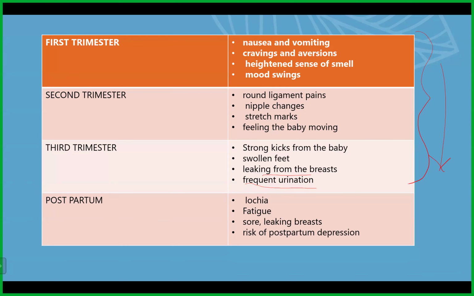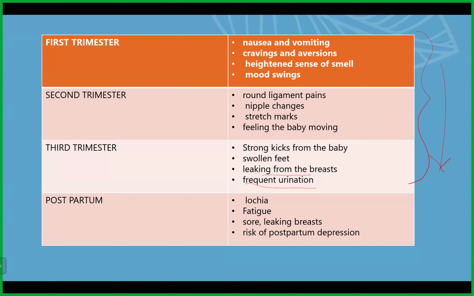So postpartum, if we see, they're going to speak about lochia, fatigue, sore, leaking breast, and risk of postpartum depression. Anyone has any idea what lochia is? No, ma'am. It's a discharge after delivery, I guess. Yes.